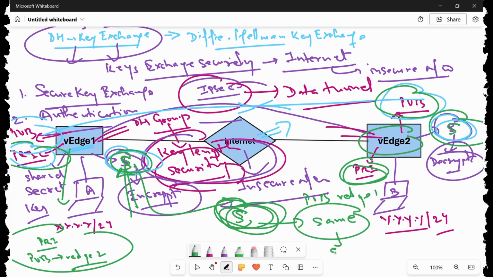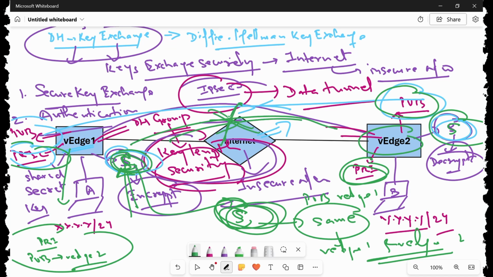The shared key calculation will be the same on both ends, but this shared key will never be exchanged between the two vEdge routers over the network. So this shared key at vEdge1 will be used to encrypt the IP packet, and it will be used to decrypt the IP packet at the other end.